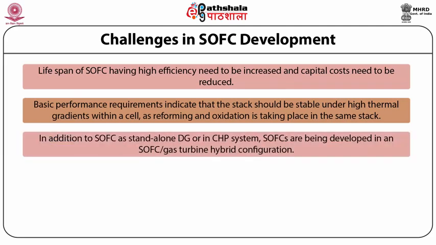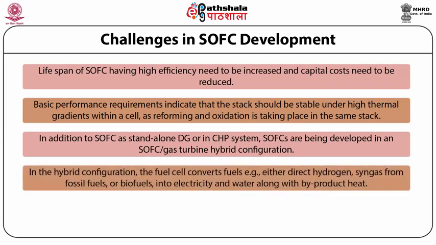In addition to SOFC as stand-alone DG or in CHP systems, SOFCs are being developed in an SOFC/gas turbine hybrid configuration. In the hybrid configuration, the fuel cell converts fuels, for example, either direct hydrogen, syngas from fossil fuels or biofuels, into electricity and water along with byproduct heat.